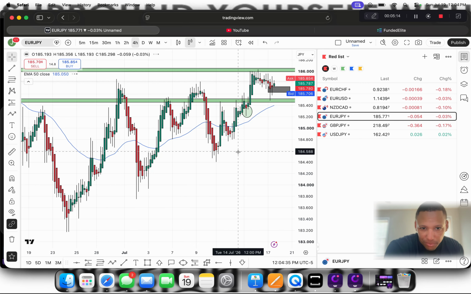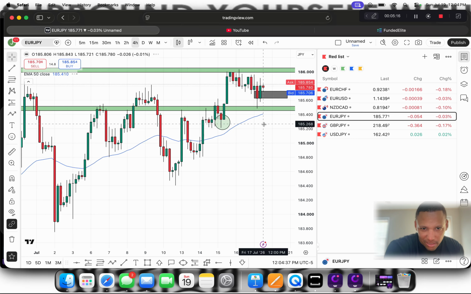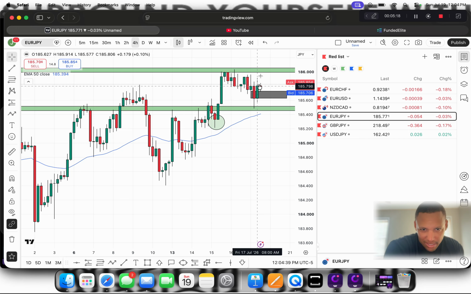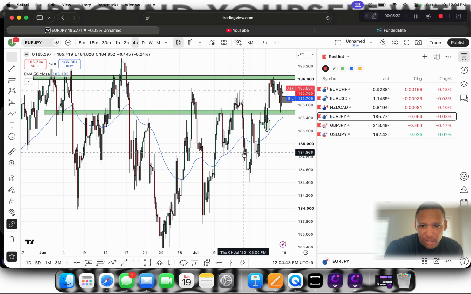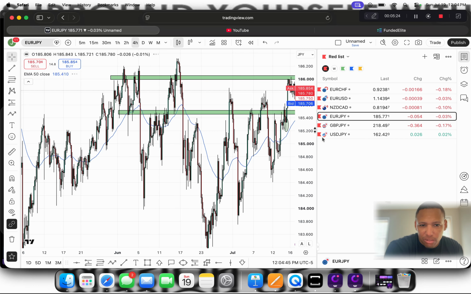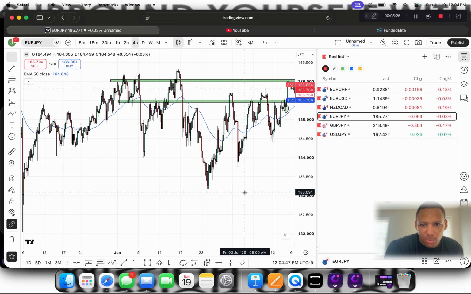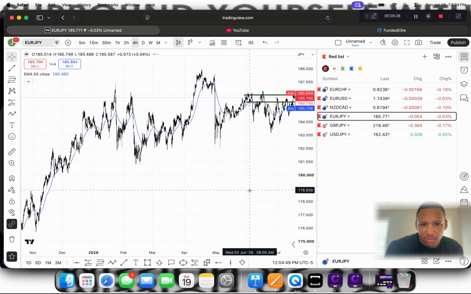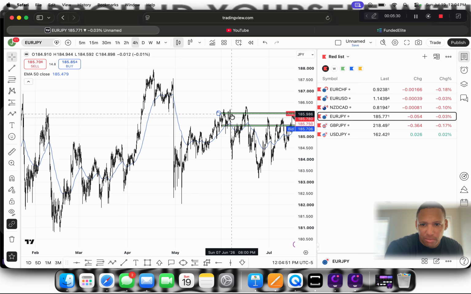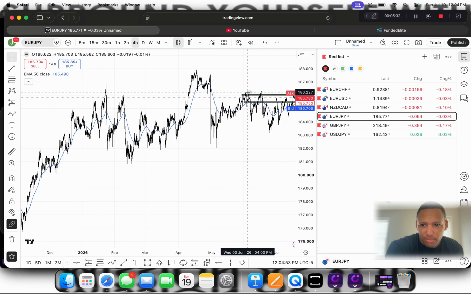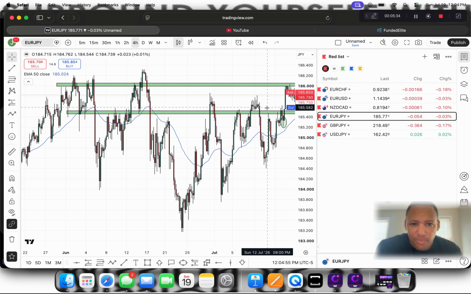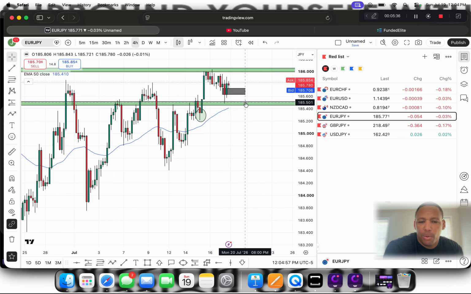Here's another one. This one is not necessarily my favorite just because it's halfway up to the next zone. And, you know, if you notice, we're at the top of what you can tell is a big resistance zone. But at the end of the day, we're going to trade what we see.